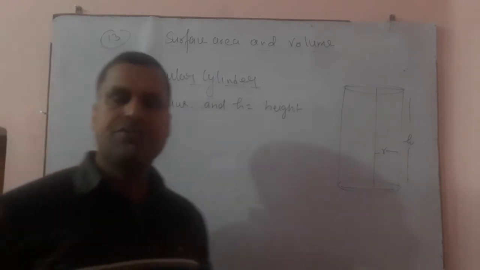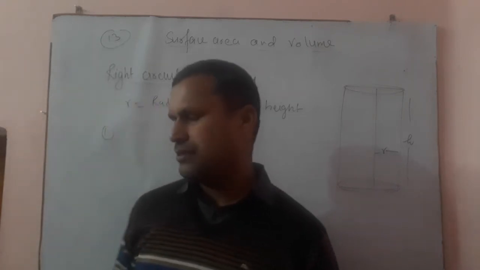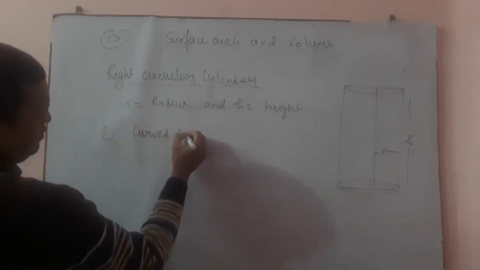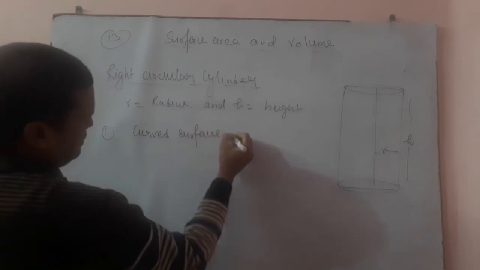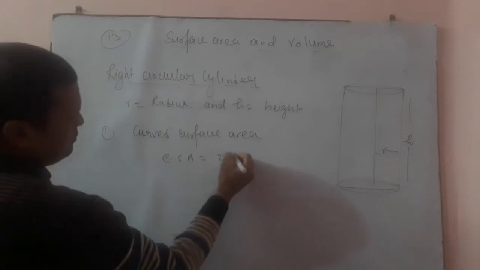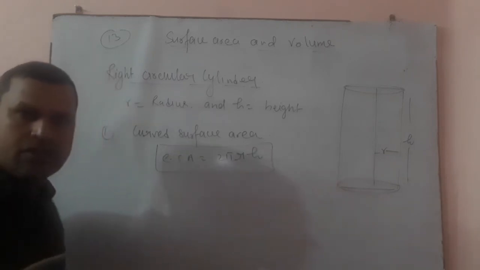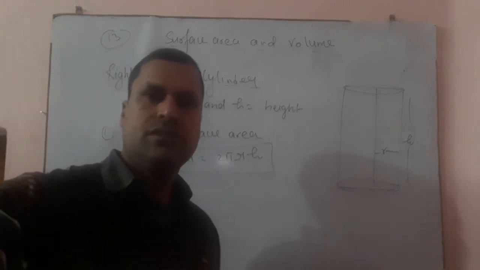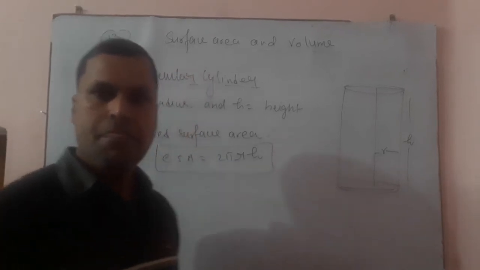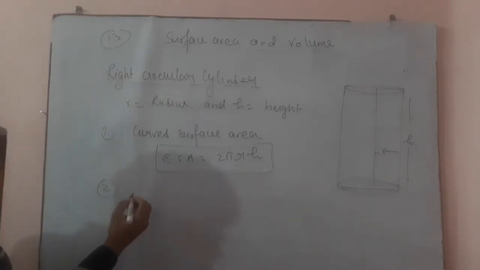First one is the curved surface area. What is the formula for the curved surface area and what is the meaning of the curved surface area? Curved surface area is known in short as CSA and its formula is 2 pi R H. Second one is the total surface area.